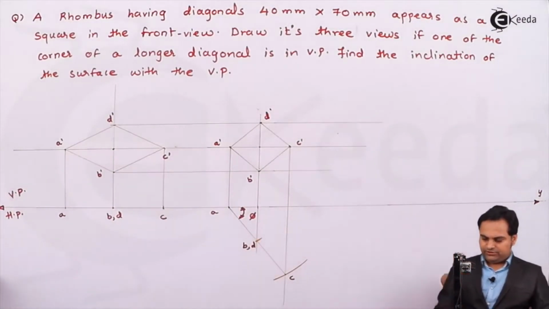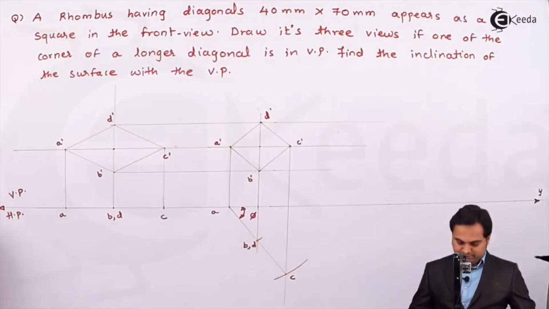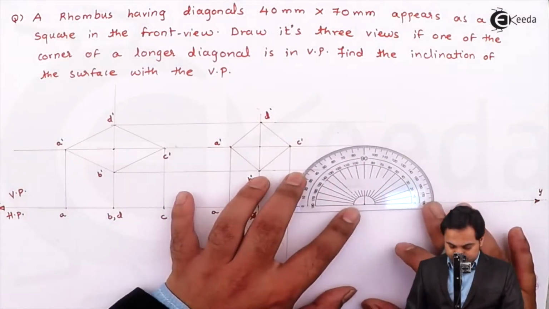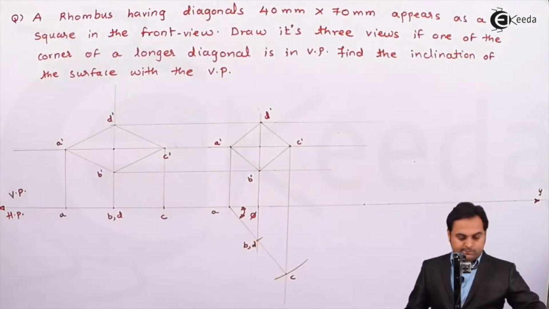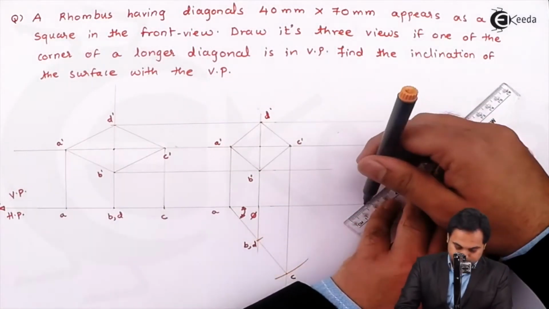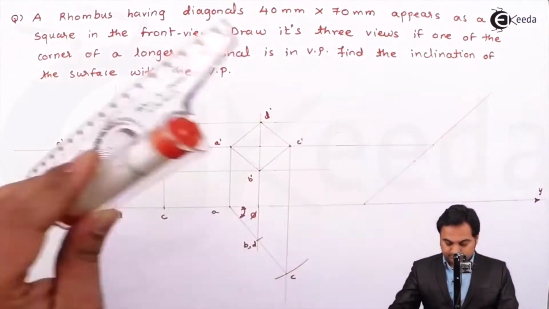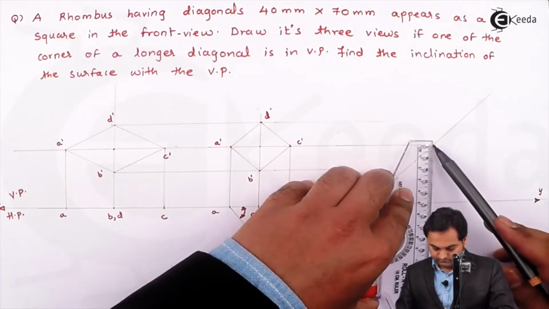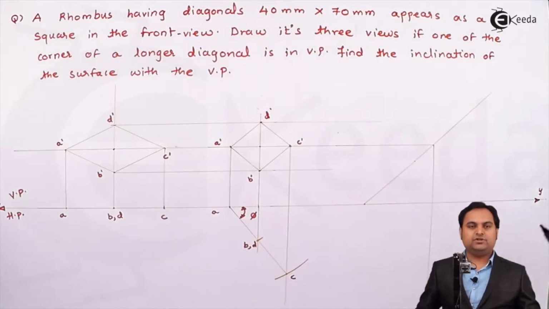Next, here I'll draw the third view. For that, here I'll select a point, drawing a line inclined at 45 degrees. So here A dash and C dash have been projected.